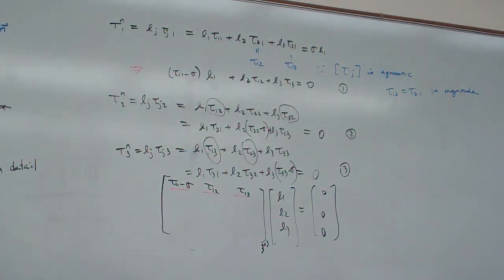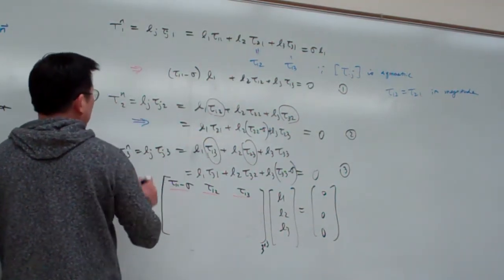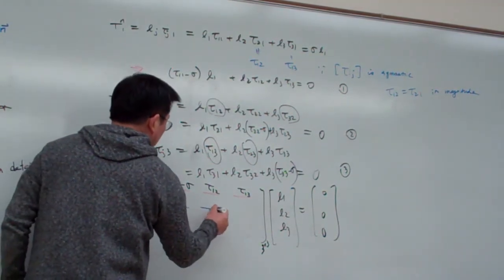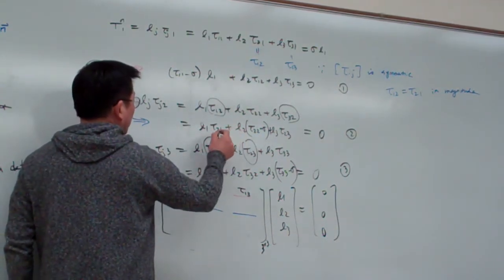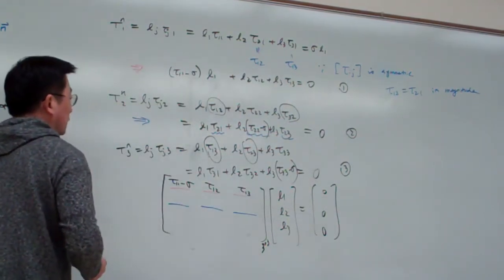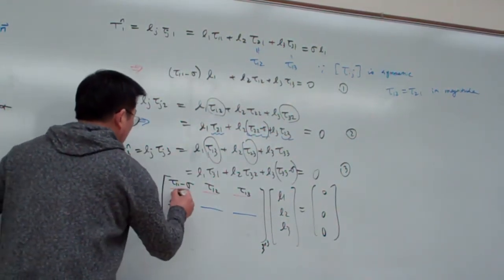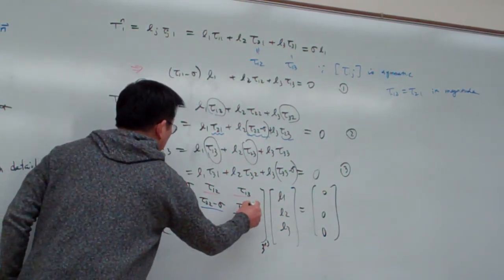Right? Okay. Then again, from the second equation here, multiplication of the 3 elements will be equal to this equation. So that means the 3 elements are the 3 here, so we copy here: tau 2, 1, tau 2, 2 minus sigma, and tau 2, 3.